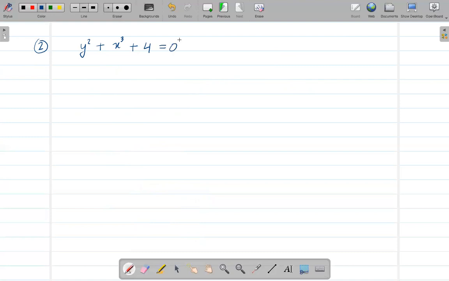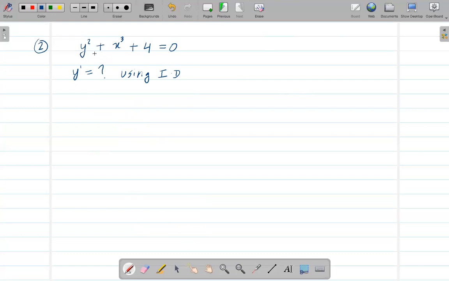Okay, so now again I need to find y prime using implicit differentiation. Again, y is a dependent variable. I don't have to say that.